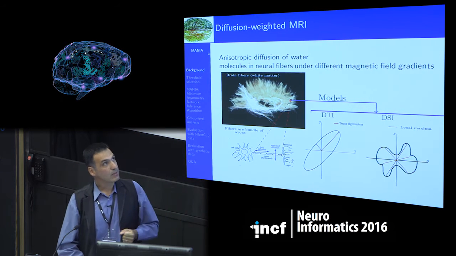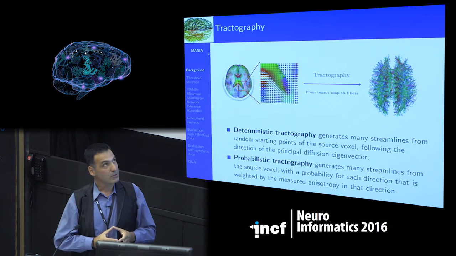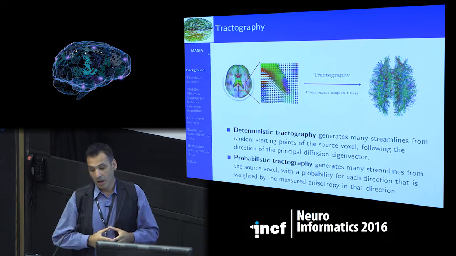After you have these diffusion-weighted MRI images, the next step is typically to do tractography, which allows you to track streamlines, which we all hypothesize correspond to fibers and fiber bundles.